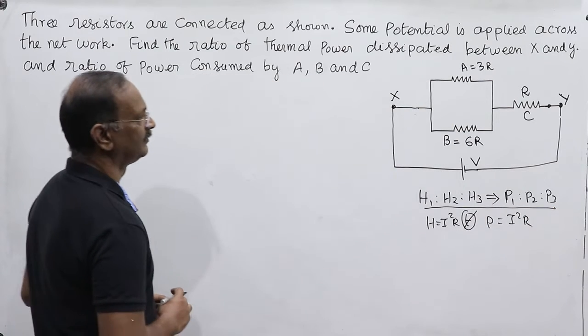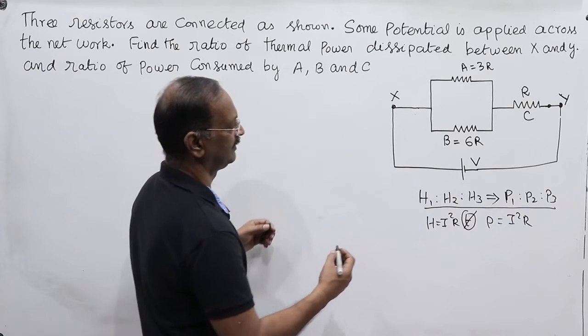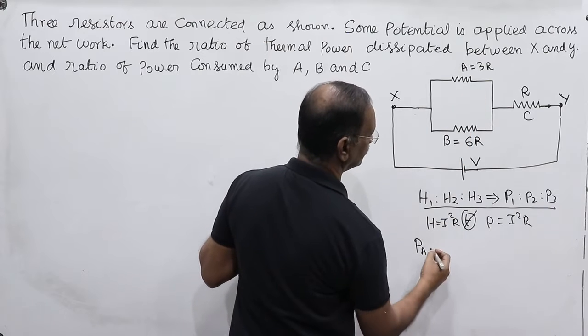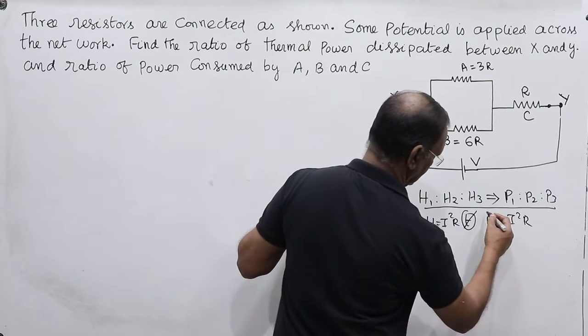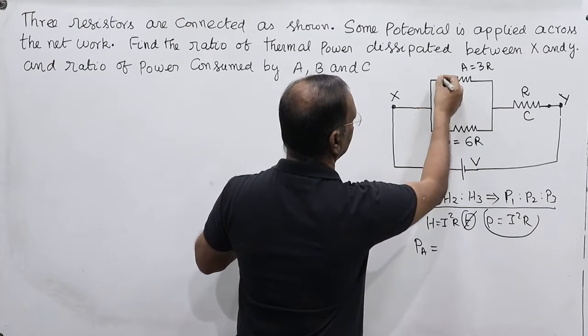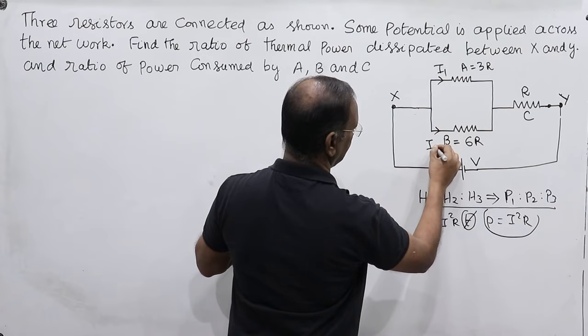Now we have to find out what the powers are. First let us find out the power of the first one, resistor A. Power is equal to I square into R. The current through this we call I1, and this is I2.